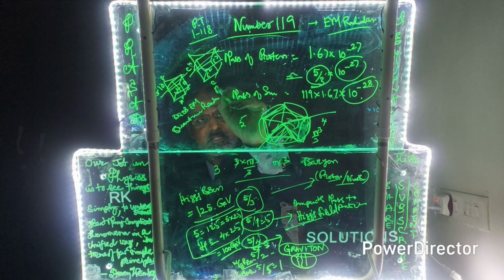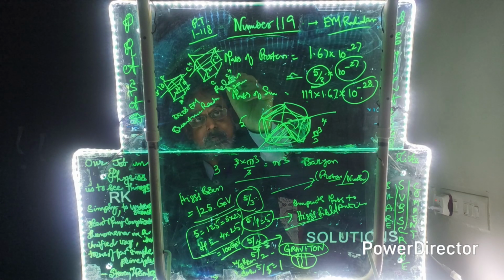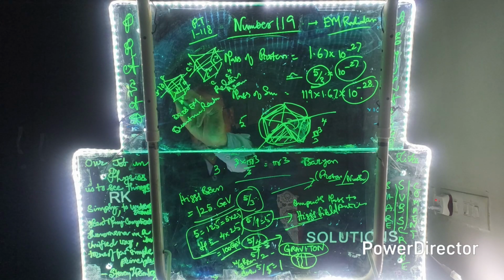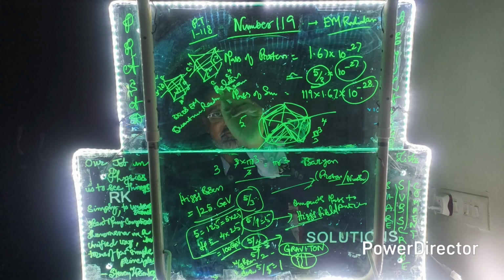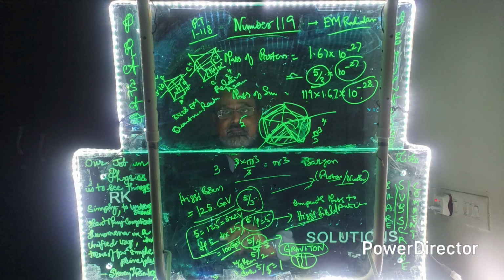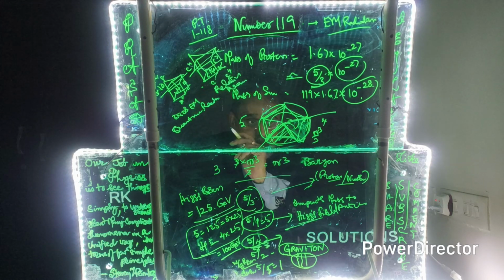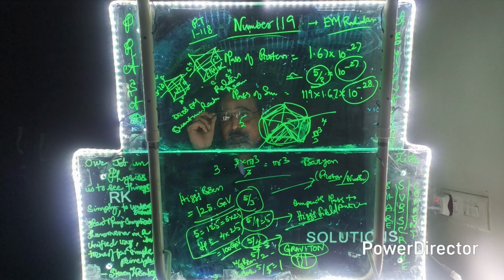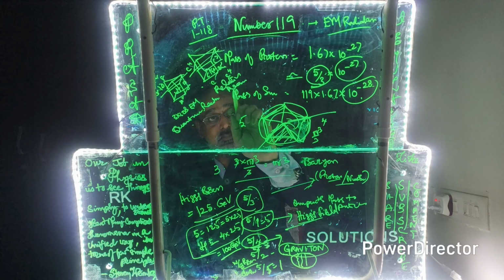This was the relativistic world. So I compared these two and said this 3 into 10 raised to 8 is the fourth dimension of the quantum world, and becomes the first dimension of the relative world. What was that? Quantum realm and this realm.